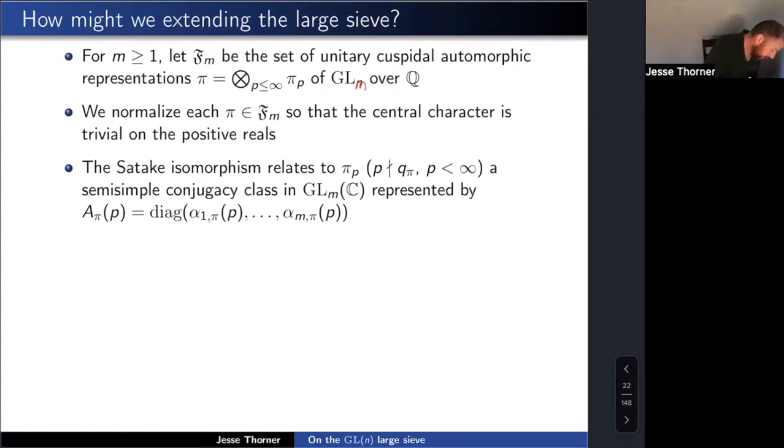So the Satake isomorphism does the following for us.